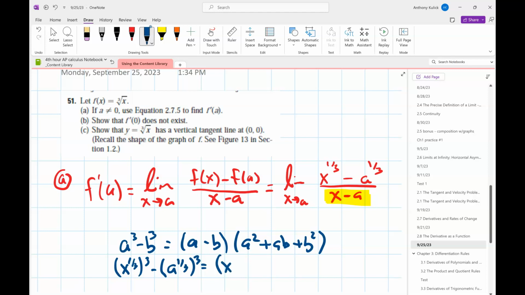So a minus b is going to be x to the 1/3 minus a to the 1/3, and then a squared plus ab plus b squared is going to be x to the 1/3 squared plus a to the 1/3 times x to the 1/3 plus a to the 1/3 squared.